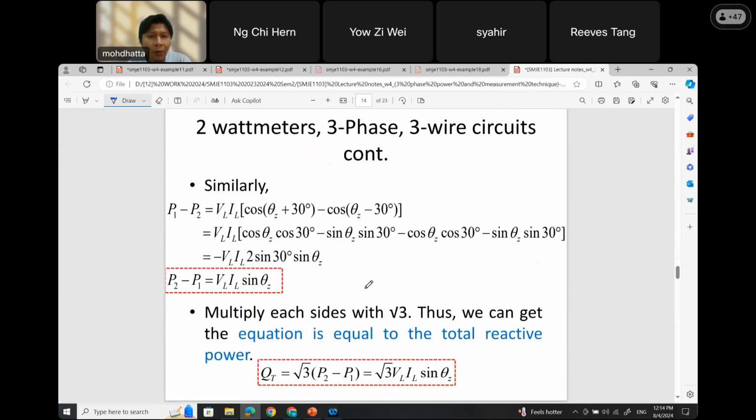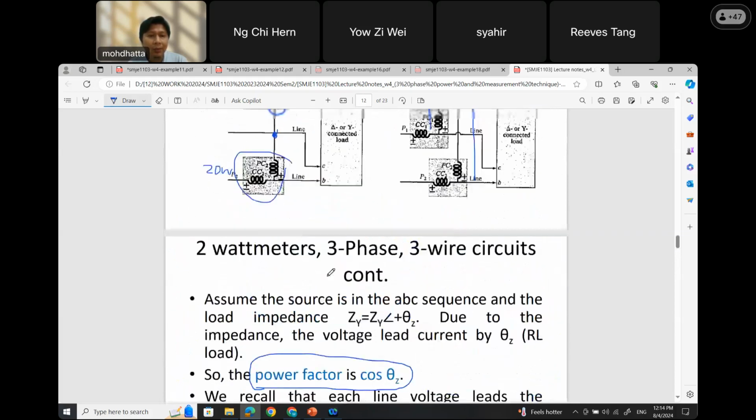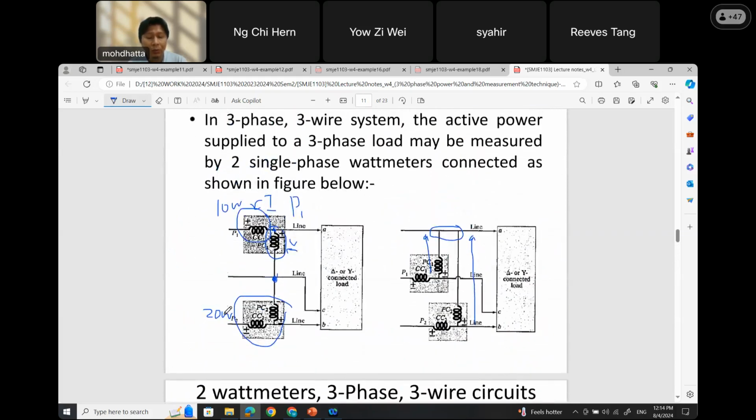And for the other information that you can get from the values of, let's say here we have 20 watt using the 2 wattmeters based on this setup.